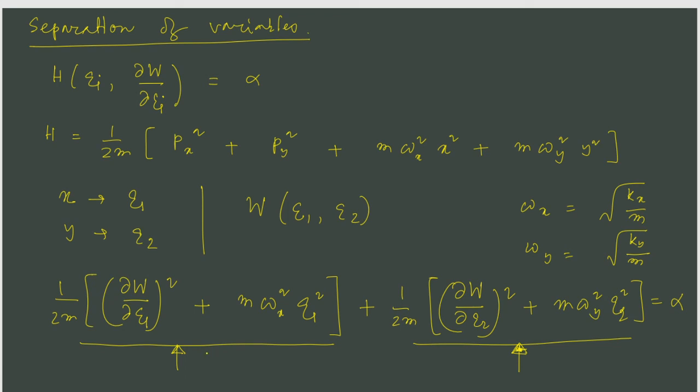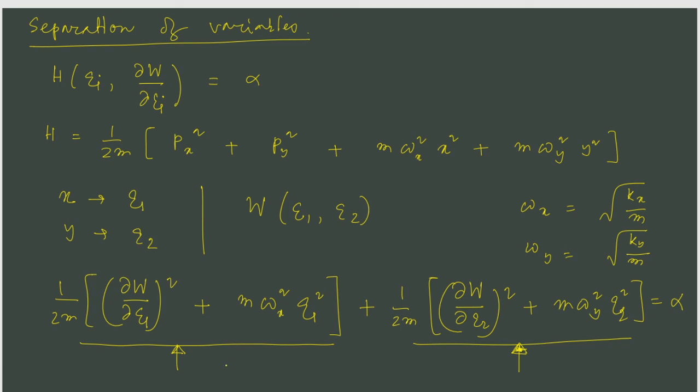No constraint means the Cartesian coordinates are good enough, or spherical polar. Either way, we do not have any explicit function of time appearing anywhere in the Hamiltonian, and that means such separations are possible, and then each part will be constant, each energy will be constant.